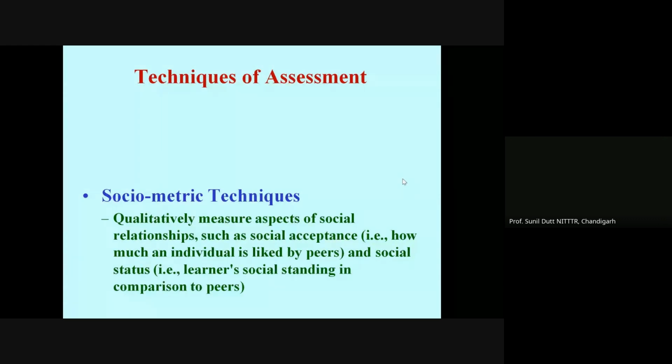It is commonly observed that some students always like to stay together. Some students are more liked by all students. Some students are not liked by anyone, and so on. So these social relationships existing among them influence various aspects of their development. So for this, the sociometric technique can be used.